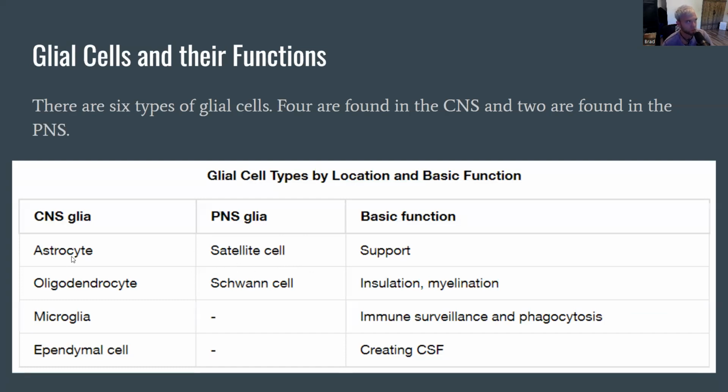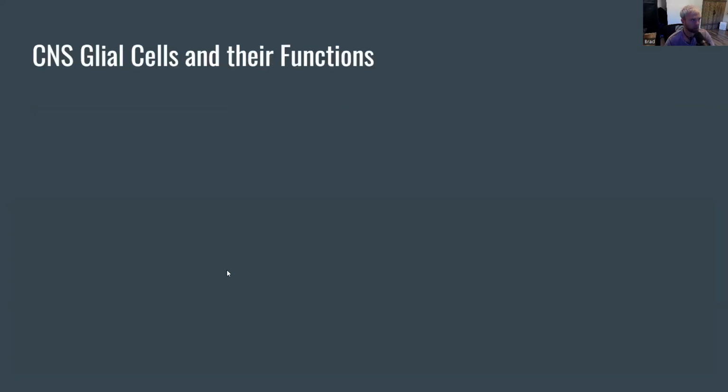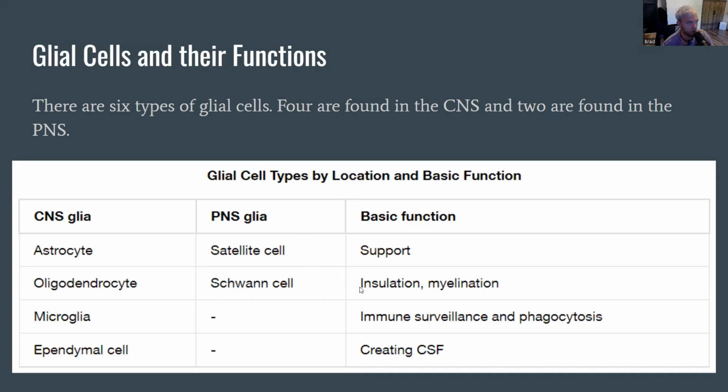In the central nervous system you have astrocytes, and their equivalent cells in the peripheral nervous system are satellite cells. We'll go into more detail about their overall function. Same thing for the oligodendrocytes and the Schwann cells. These two are very similar, but they have slightly different mechanisms of action.